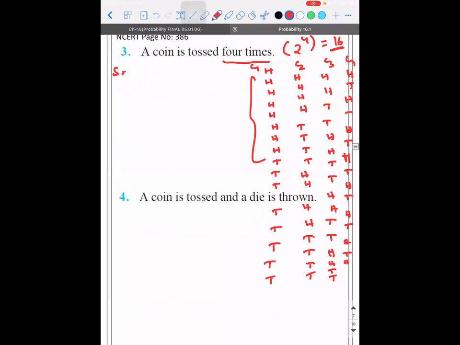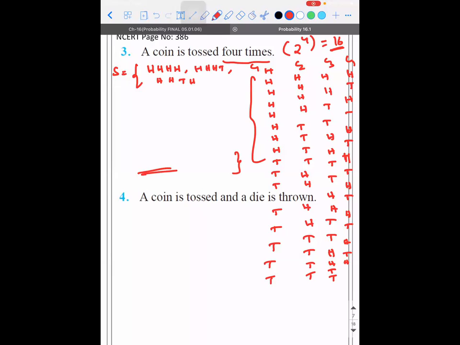So I will show you the sample space. It is head, head, head, head; head, head, head, tail; head, head, tail, head. Guys, are you able to understand? If you write it neatly, you will get the sample space. Is there anyone who's not clear?